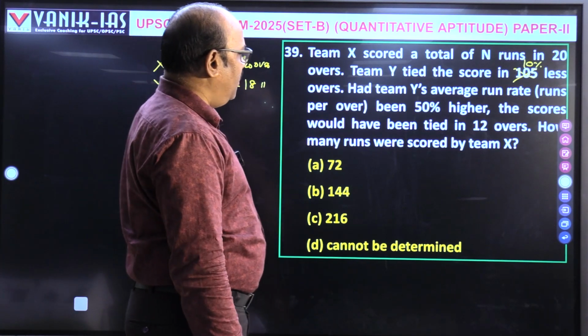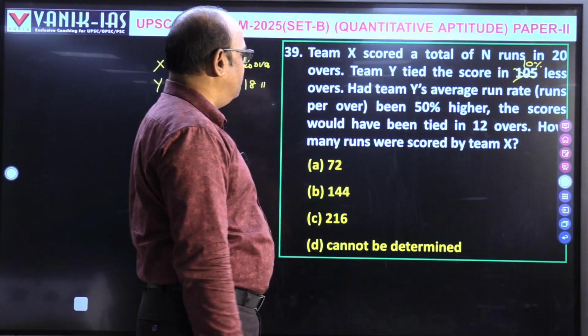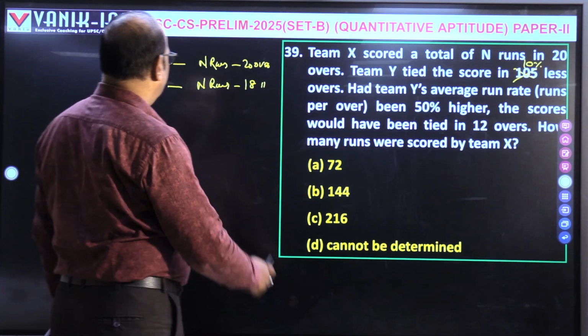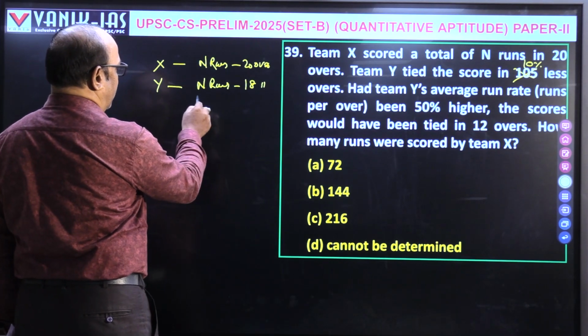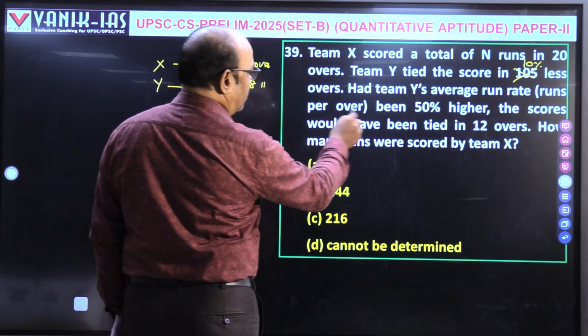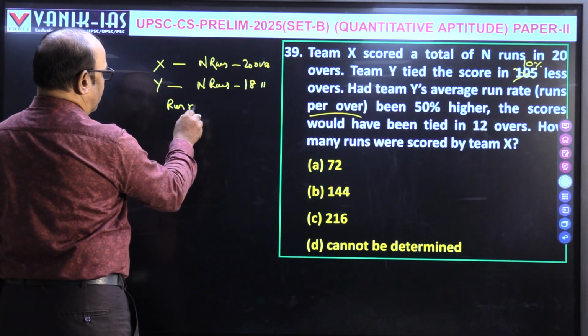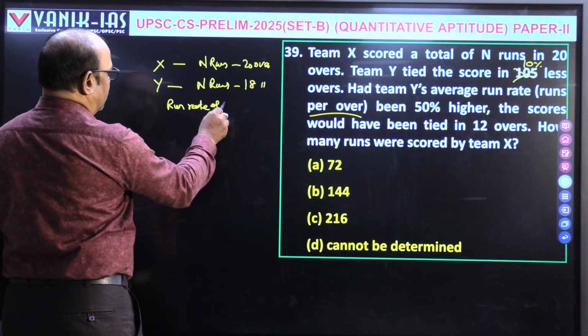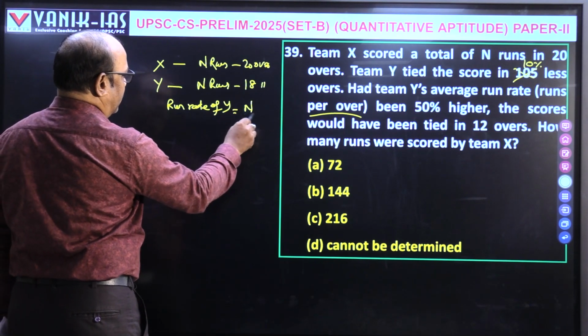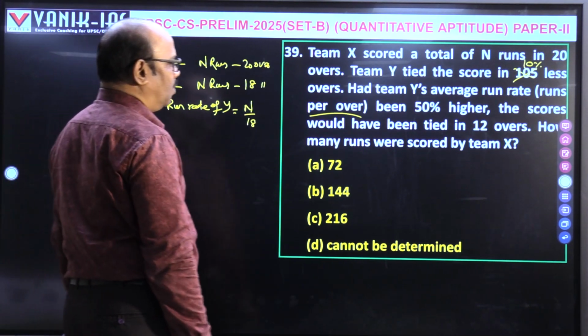Had team Y's average run rate been 50% higher, what would it be? Run rate means runs per over. So the run rate of Y is n by 18 runs per over.